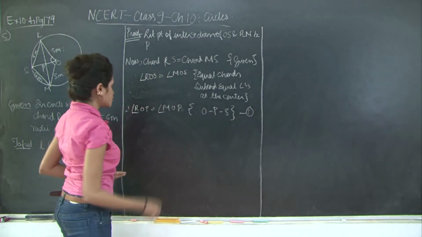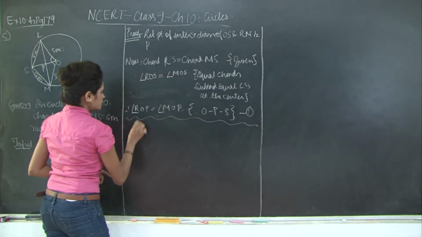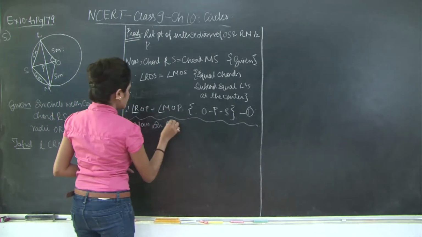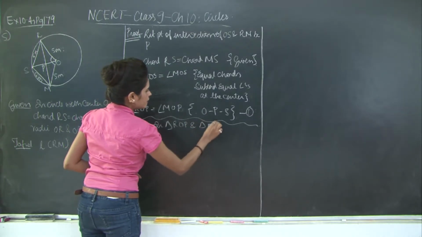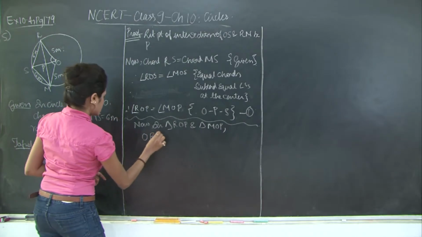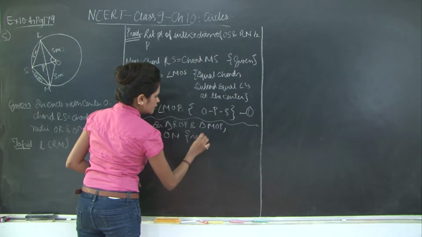Now we are going to prove the two triangles congruent. Now, in triangle ROP and triangle MOP, we have OR is equal to OM. They are the radii of the circle.